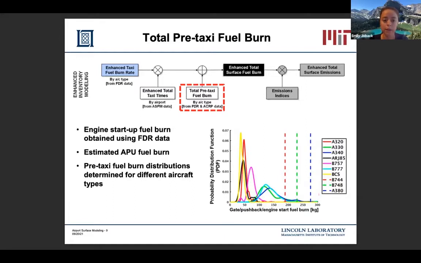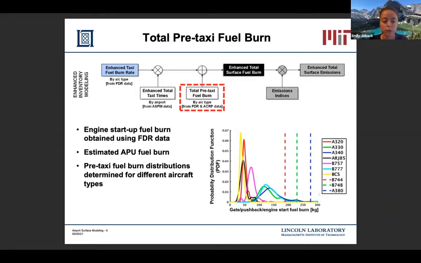To estimate the APU fuel burn, we looked at ACRP reports to determine what an APU fuel burn rate was, as well as getting information on how an APU is used by talking to a commercial airline pilot. So we had the APU fuel burn as well as the engine fuel burn for the aircraft when it was at the gate, during pushback, and during engine startup.